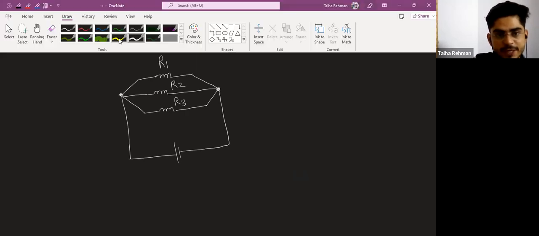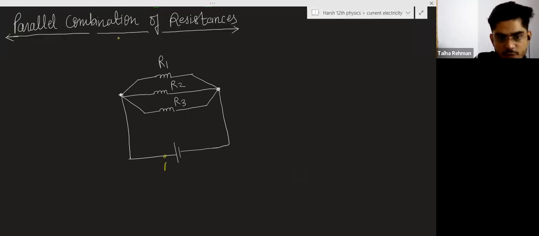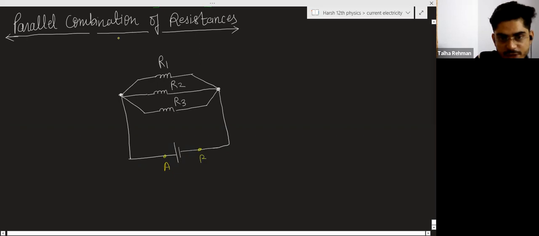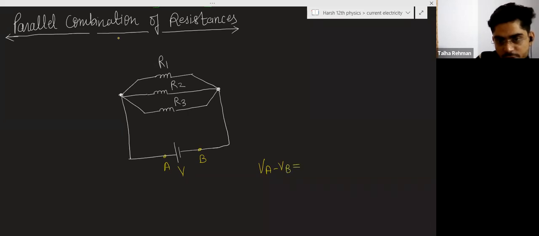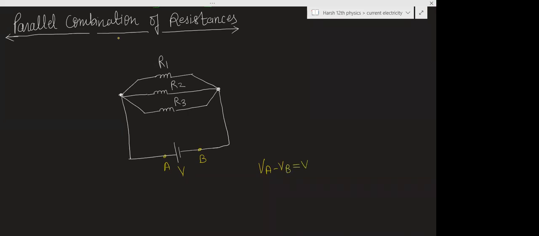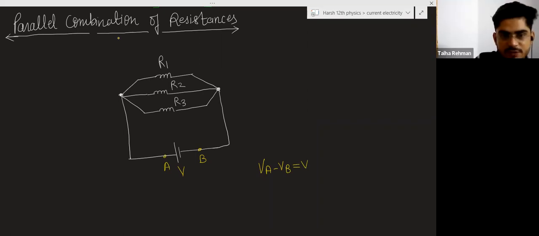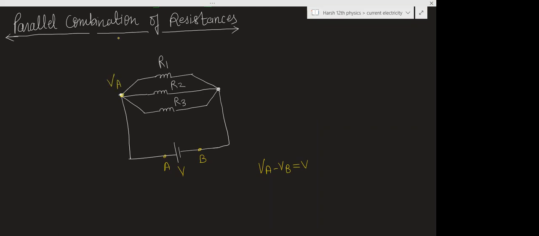If you take a point, suppose here is a point A and here is a point B, and this is the V, then VA minus VB is equal to V. Potential difference between this terminal and this terminal. At this point also the potential is VA because there is no resistance in the path.